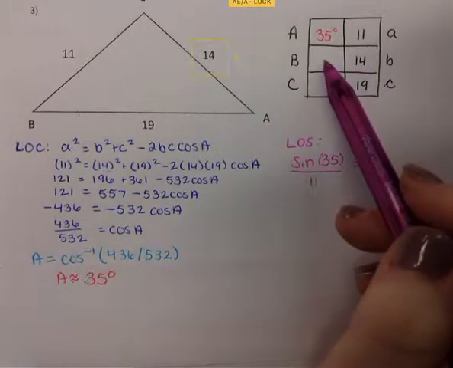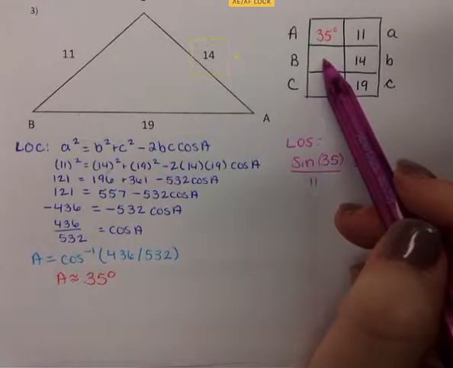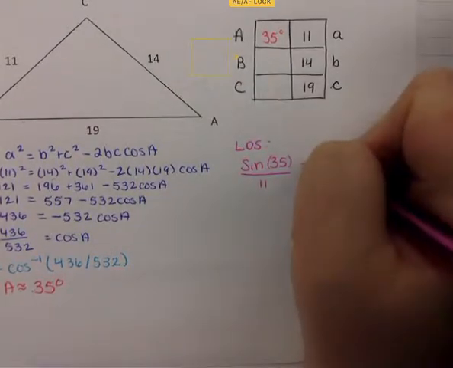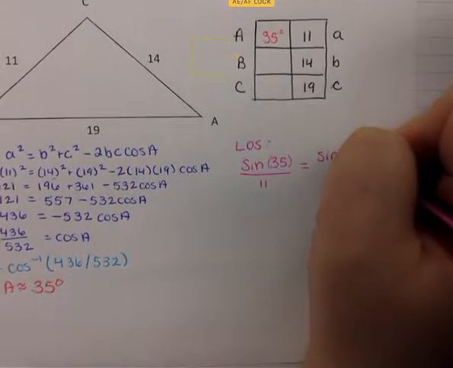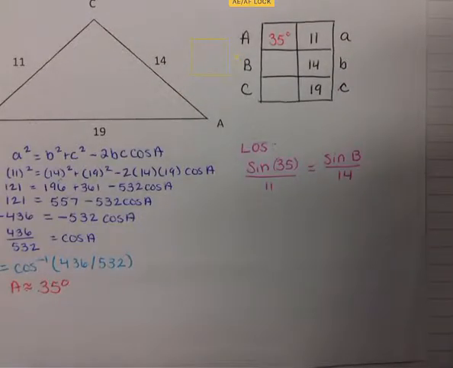So let's solve for big B, and then make sure that that is still an acute angle, and then we can solve for big C. So let's do sine of big B over 14. On this one, we are going to cross multiply.